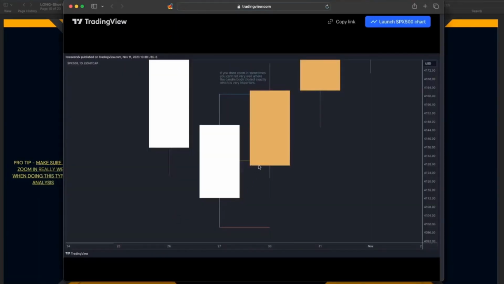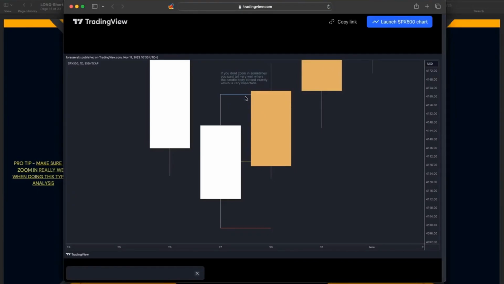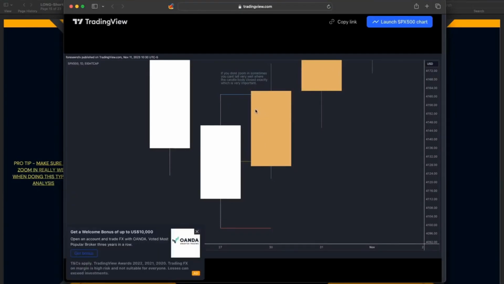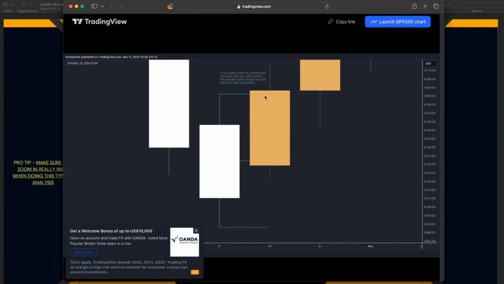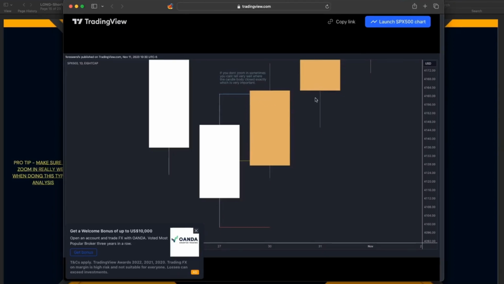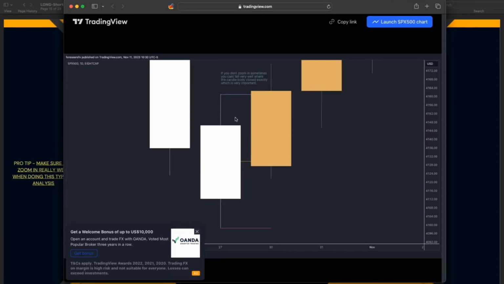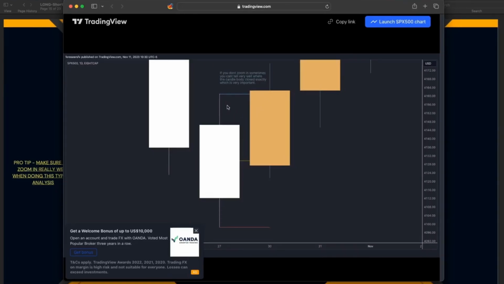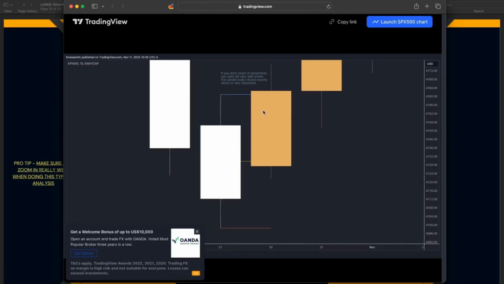What I mean is this: when on the daily time frame, make sure you zoom in really closely, because sometimes you can't tell if the daily candle closed outside of the wick, which is very important for predicting bias, right? You might think it closed inside of the wick, giving you the idea that there should be bearish momentum and that you should be looking for sells instead of longs, which would not have been the case, right? So keep that in mind.